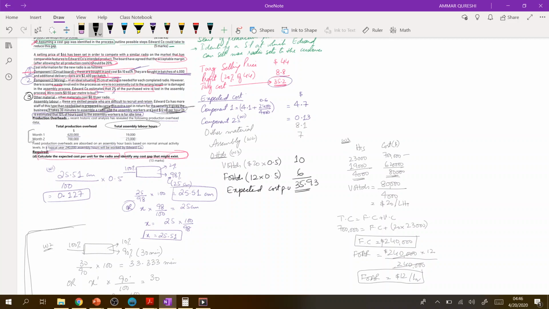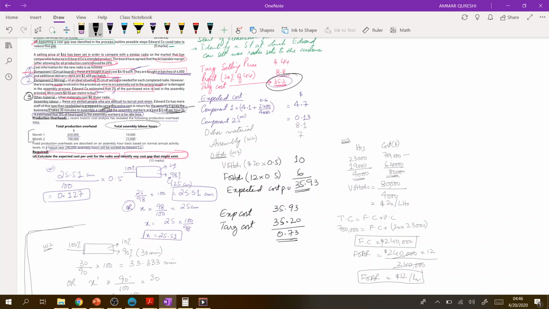So the expected cost is 35.93, right? Expected cost is 35.93. And what was the targeted cost? Targeted cost was 35.2. So the difference is 0.73, right?